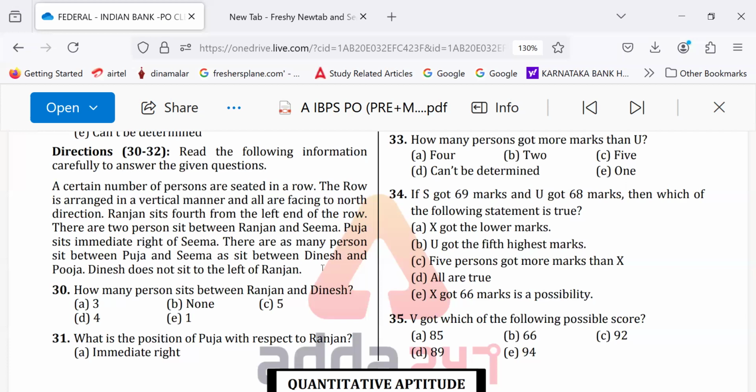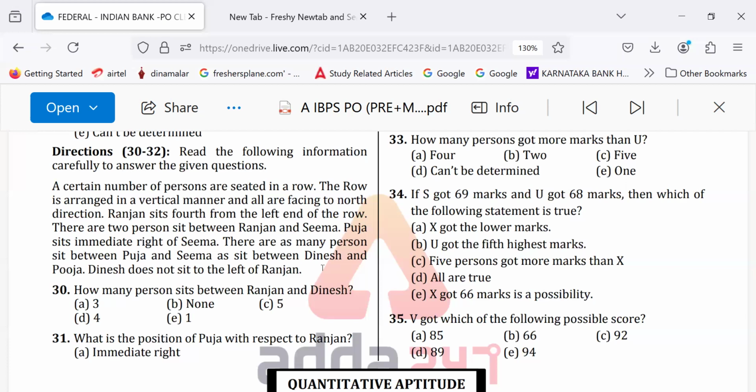So it is not a guarantee that she will be only at the left end. We can't take it that way. Number of people given is not decided. We don't know whether it may be 4 or 6. How many people are there?